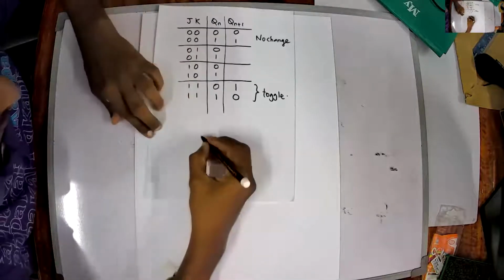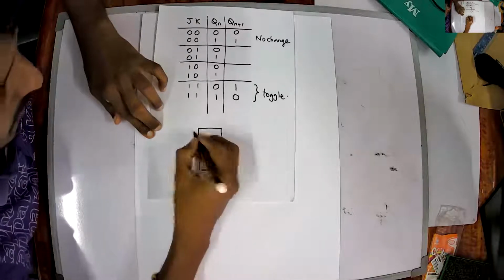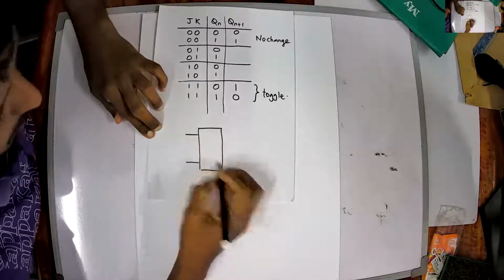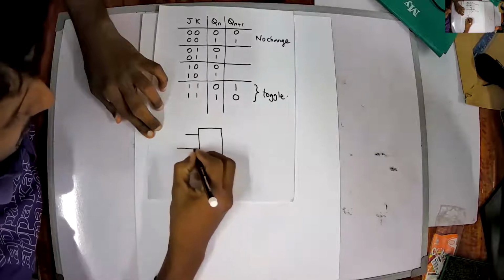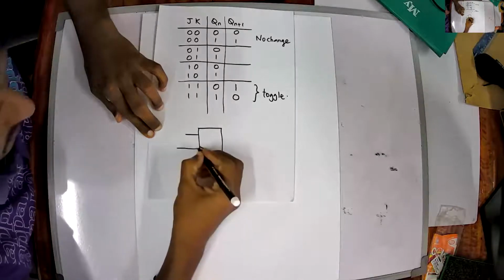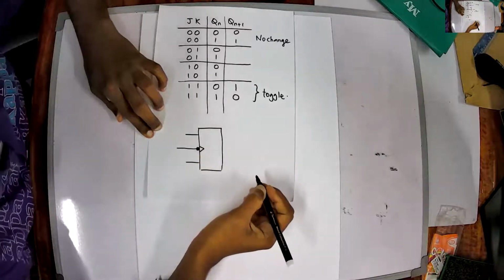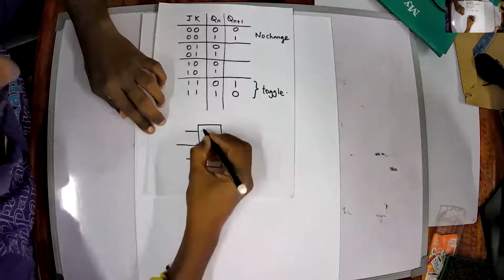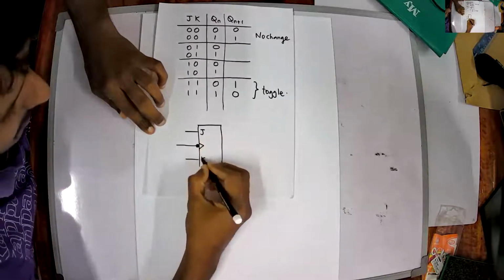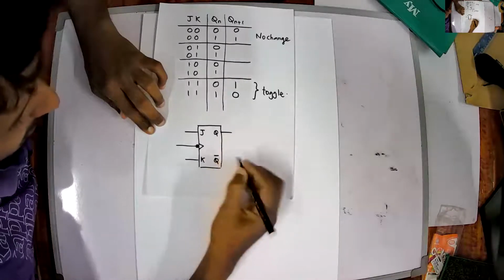So for example, if I draw a JK flip-flop, I have a clock. For an edge triggering flip-flop, I need to have a triangle, and if I have a circle in front of it, that means it is a negative edge triggering flip-flop. So we have J, K, Q and Q bar.